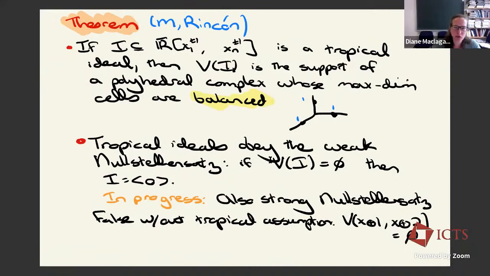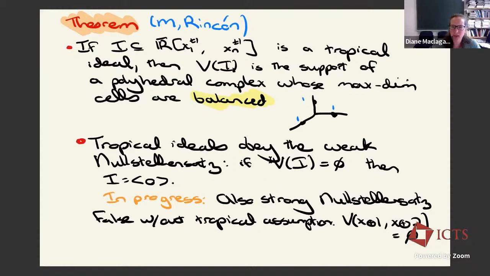So this is all joint work now with Rincon at Queen Mary in London. The first piece is, if I start with a tropical ideal, then I said it's good enough to define the schemes in this way, but I want its variety to look like the tropicalization. And this is true.